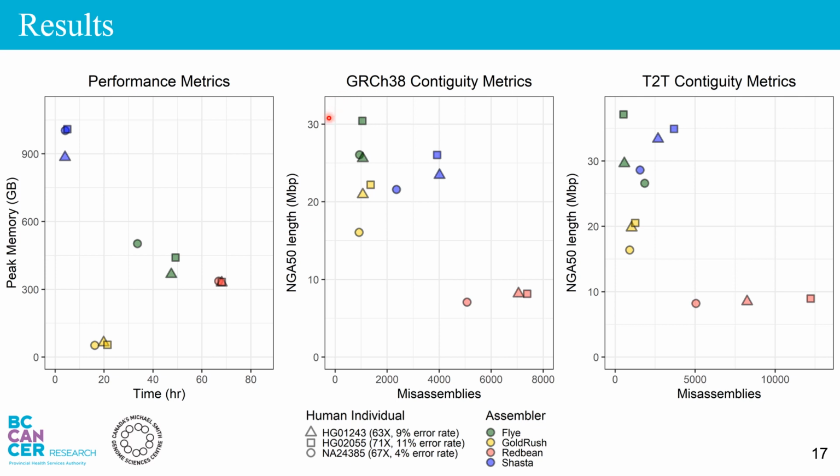For both comparisons, the top left corner is where the assemblies want to be. Here we can see that GoldRush produces assemblies in the 20 Mbp NGA50 length range with fewer or comparable numbers of misassemblies to the best assemblers.